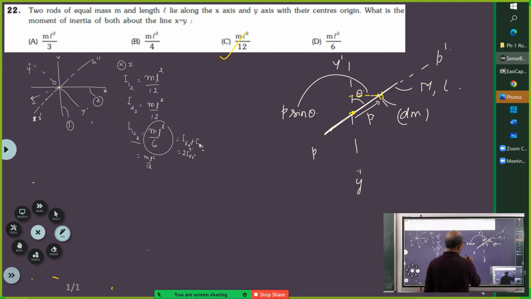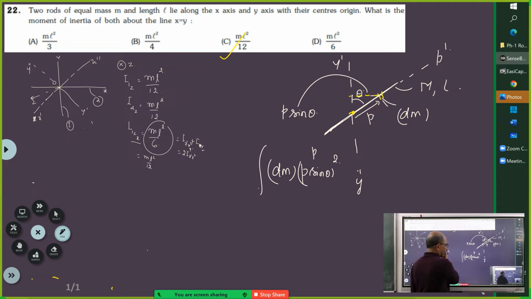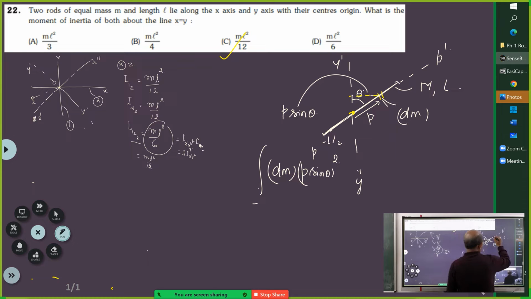Now you will find the moment of inertia of this element, which will be dm into p sin theta squared. Then you are going to integrate this for p going from minus L by 2 to plus L by 2, and substitute for dm.